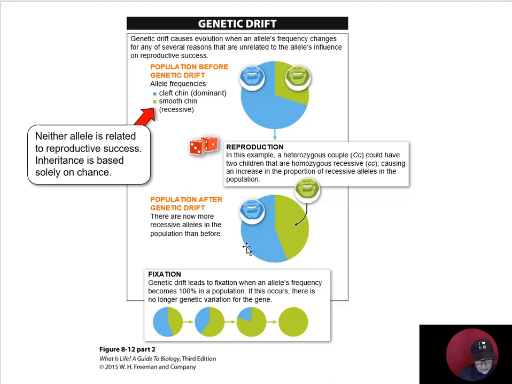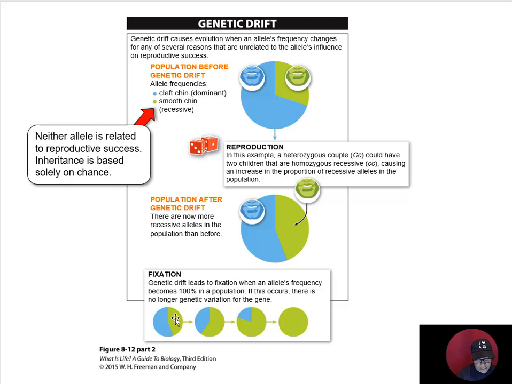So let's look at a term called fixation, because you can get a gene that is fixed in a population. Fixation is when genetic drift leads to an allele's frequency becoming 100% in a population, as we can see. Remember, we had the heterozygous, right?